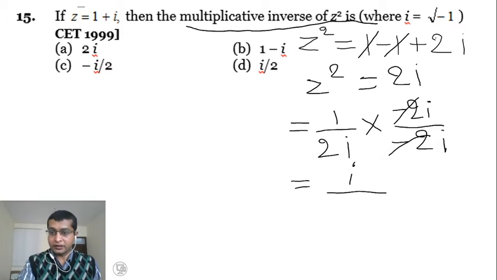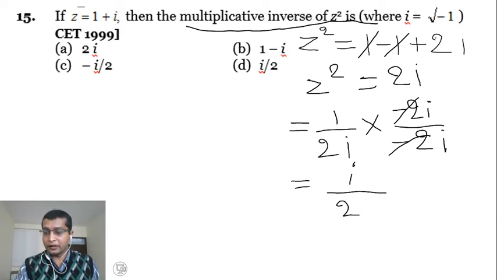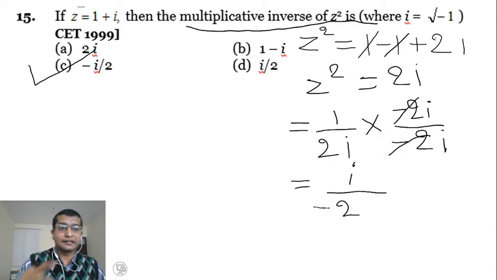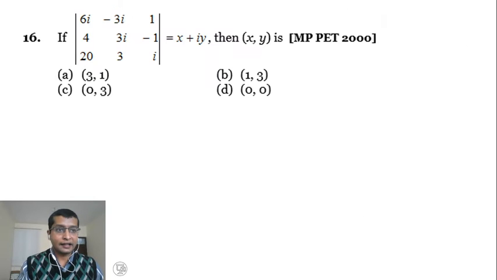Denominator simplification: 2 into 1 is 2, i into i square is minus 1, into 2, we get minus 2. That is, the answer is minus i divided by 2. That is option C, the right answer. C is the right answer.